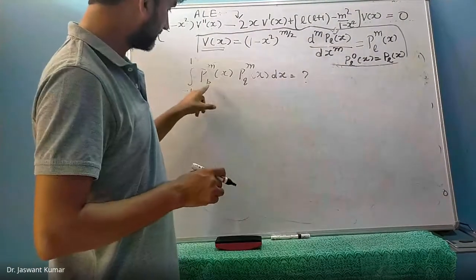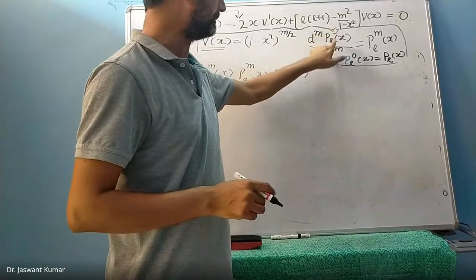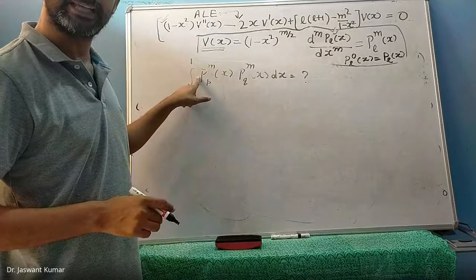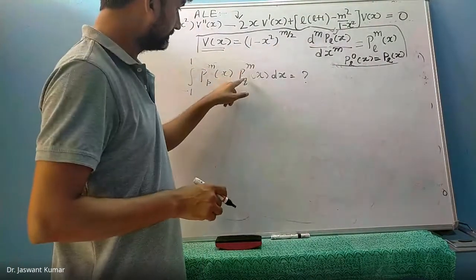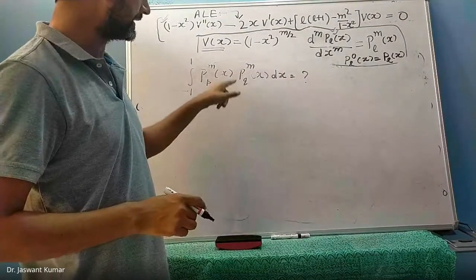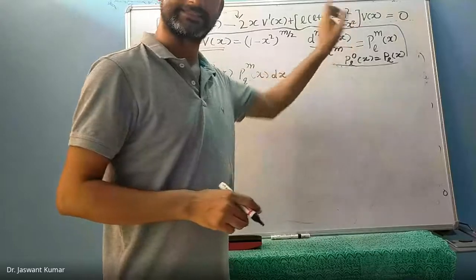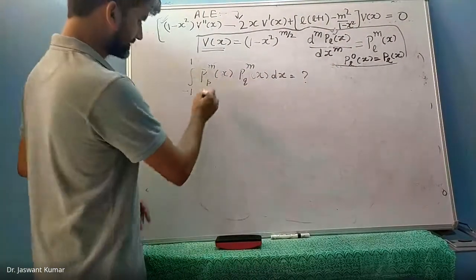So what you will obtain is that in this P_PM of x, you will obtain something which will be capital P, small p of x, with some mth order derivative associated with that. In P_QM also, you will be getting a term which will be the mth derivative of capital P_Q of x. Write that term over here.